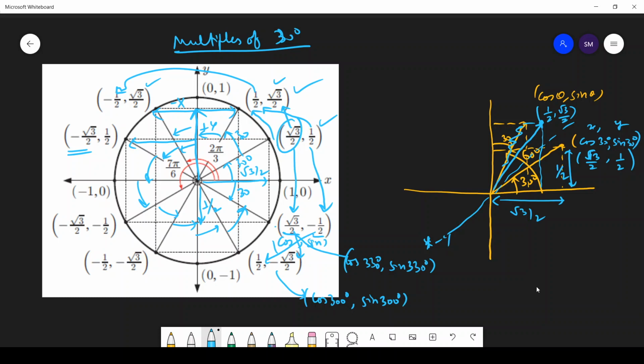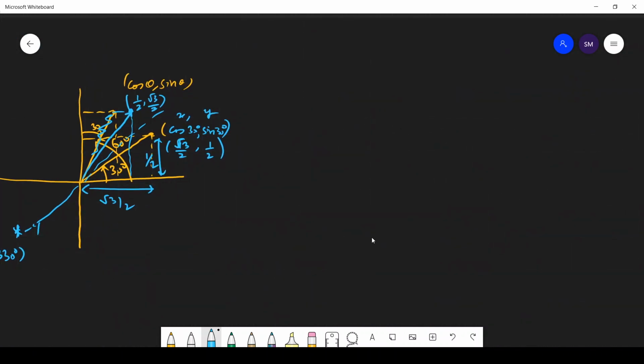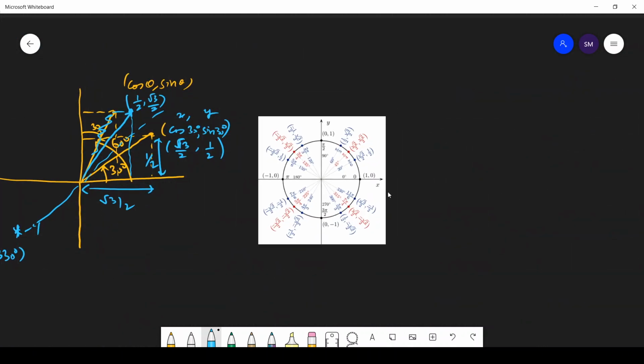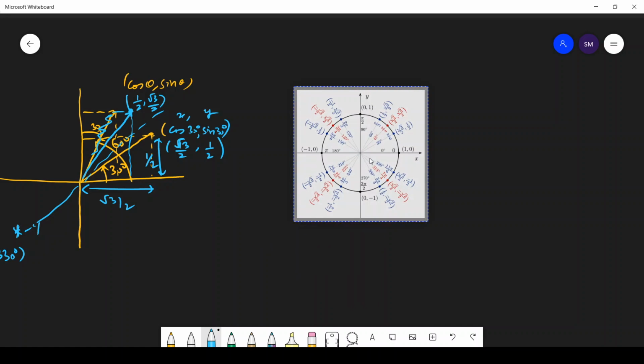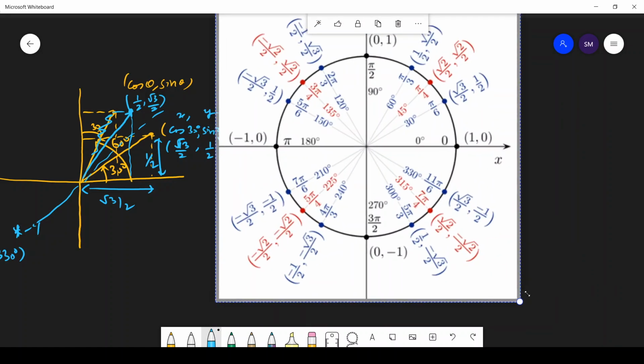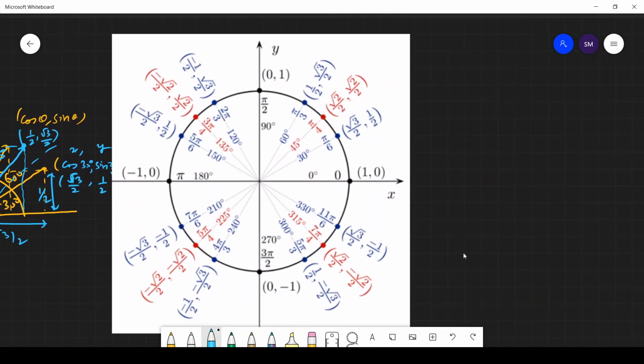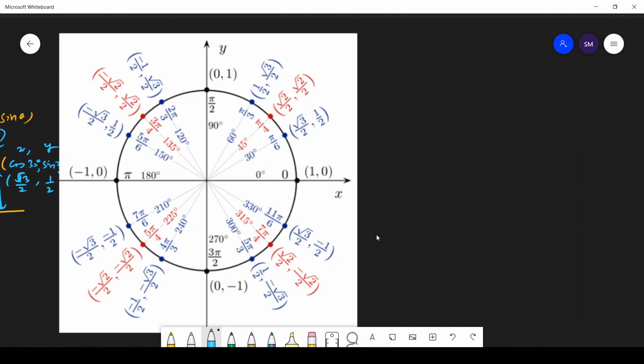Yes. And ultimately, if we combine both these diagrams, you have found that you can draw this figure.